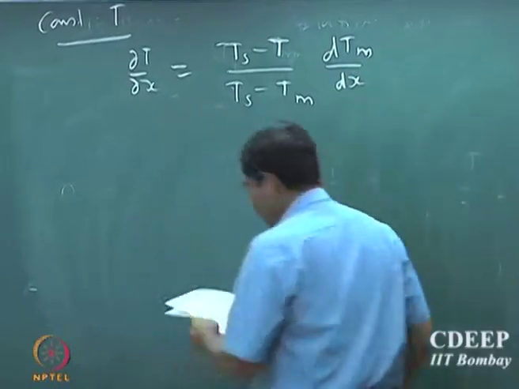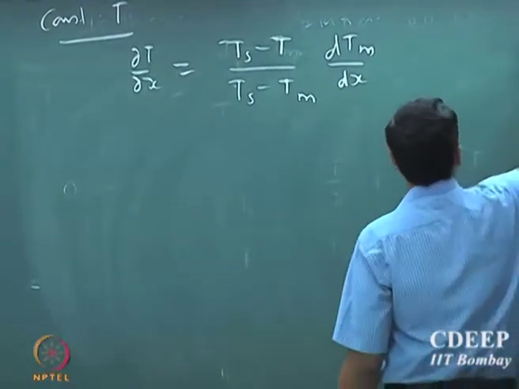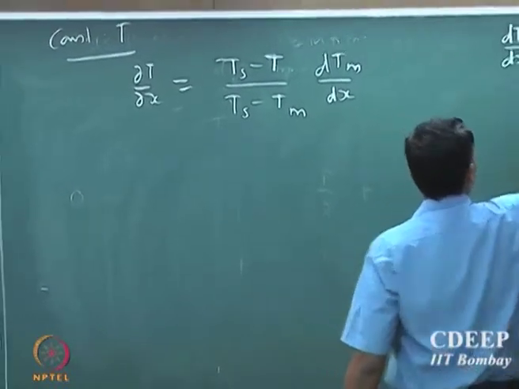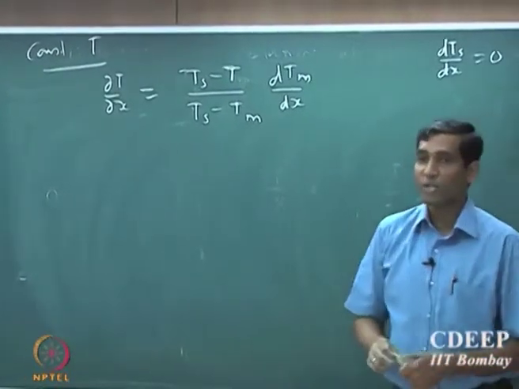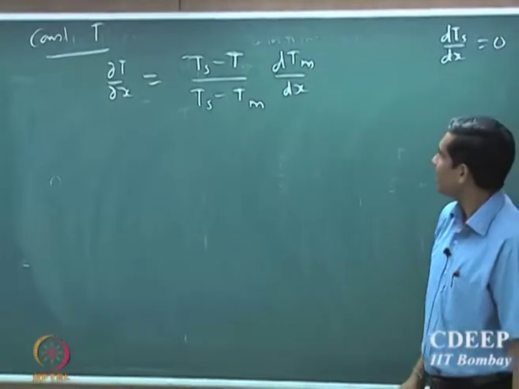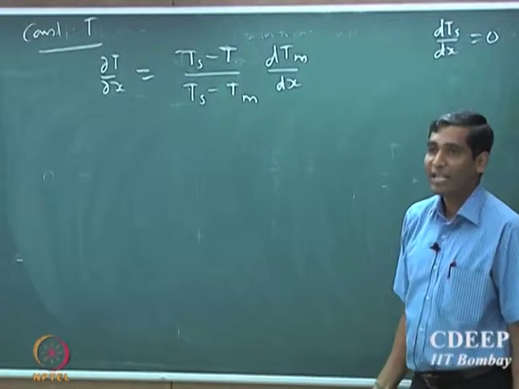This is for the constant temperature case where dTs by dx is 0. If it's constant temperature, then the temperature gradient in the wall is 0, and so we will see that dT by dx is (Ts minus T) by (Ts minus Tm) into dTm by dx.